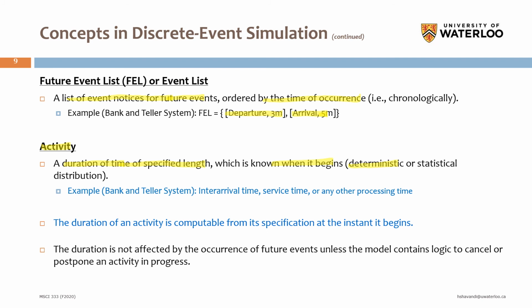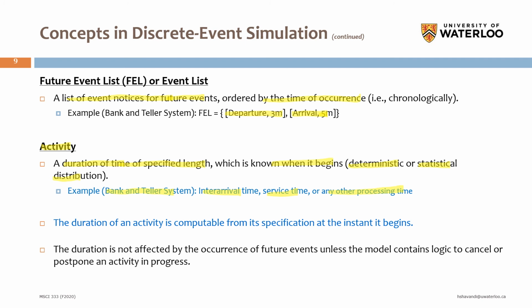If we have a deterministic duration time, we know it with certainty, or it could be based on a statistical distribution. For example, for the bank teller system, inter-arrival time, service time, or any other processing time will be considered as activity in the simulation model.